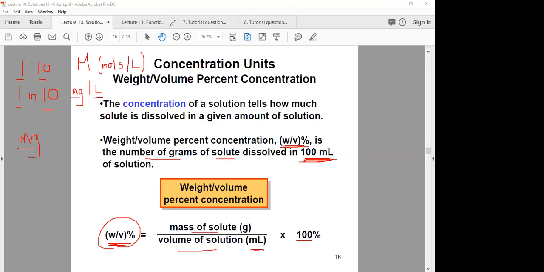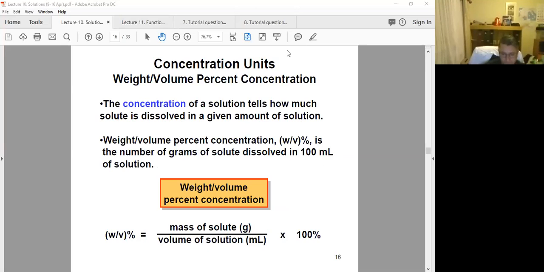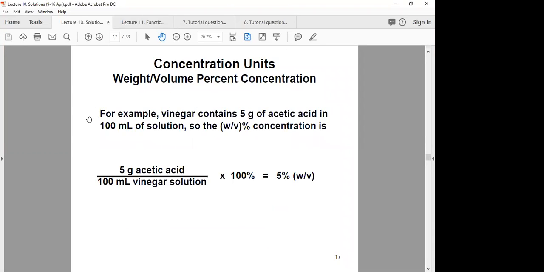Let's look at an example of that. For example, vinegar contains 5 grams of acetic acid in 100 mL of solution.